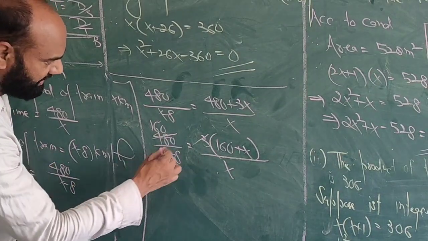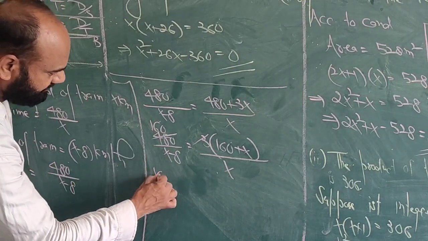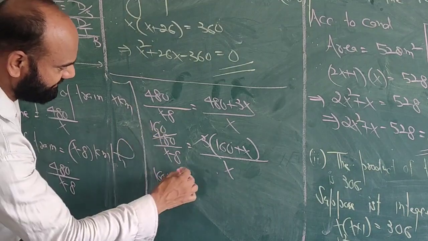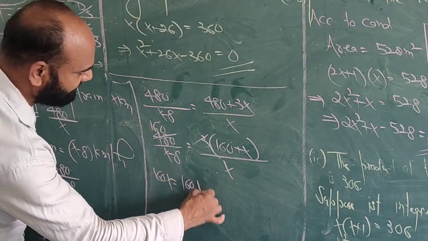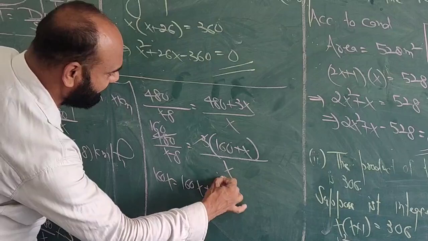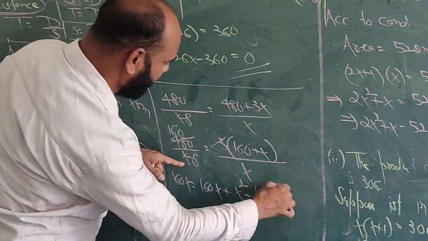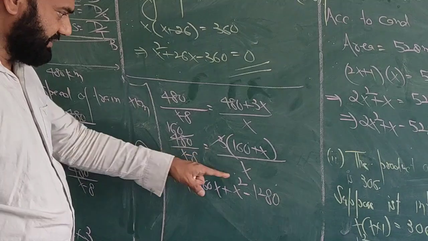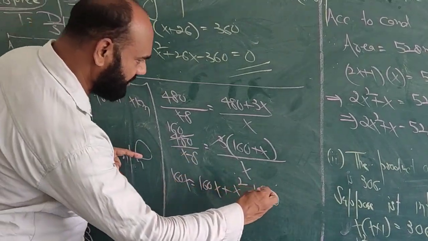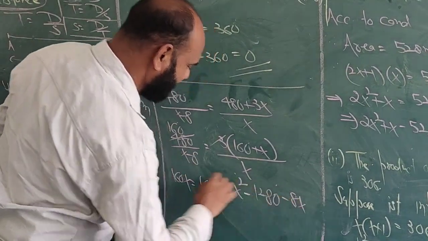So by cross multiplying we get 160x is equal to 160x plus x square minus 1280, because 16 8s are 128, 1280, and minus 8x.